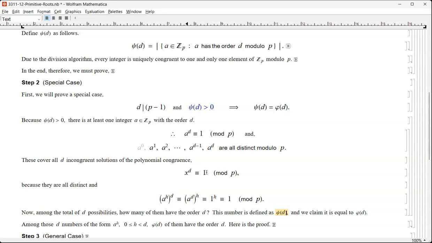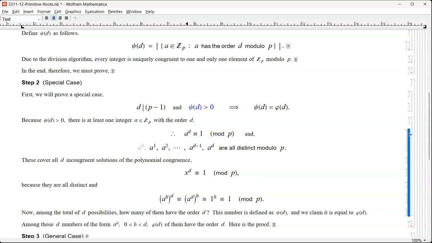You see, a to the d power is congruent to 1. That means the order divides d, not necessarily equal to d. Remember 1.2, the divisibility property? Only a few of them may be having precisely d as the order. When?